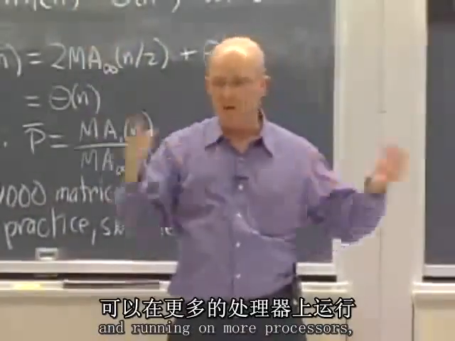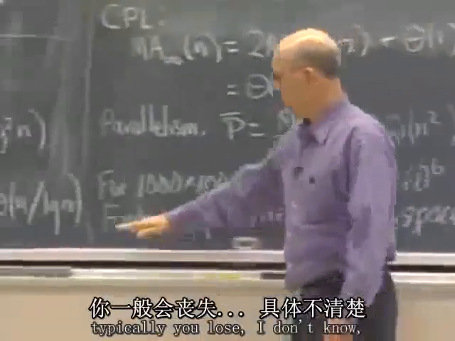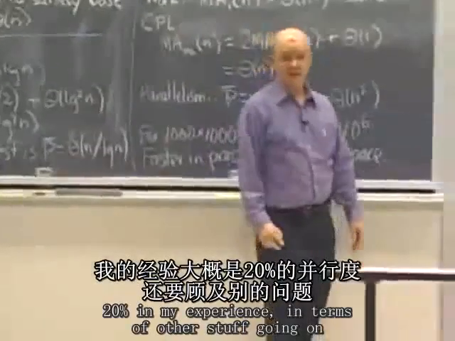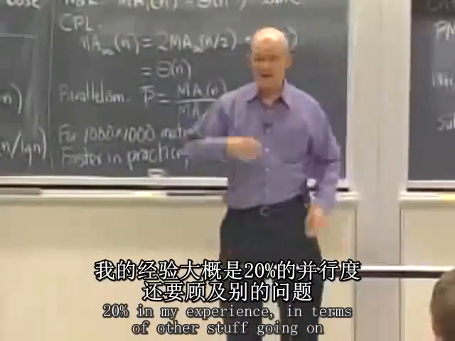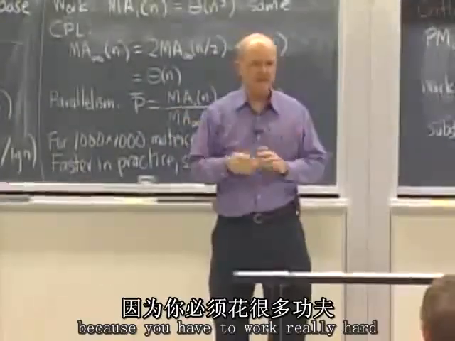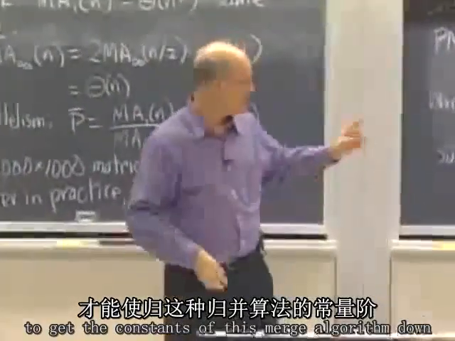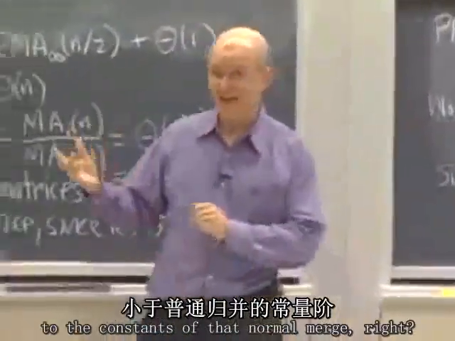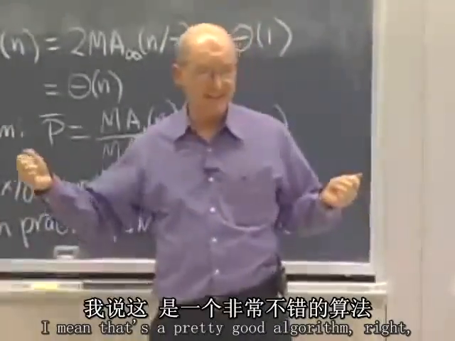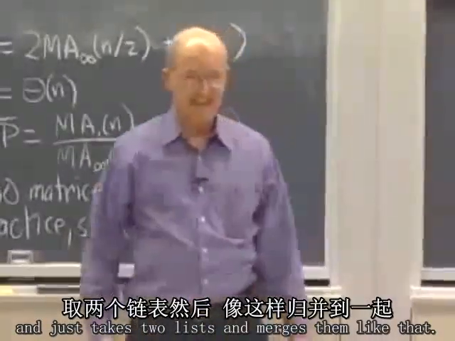With sorting, typically you lose, I don't know, 20% in my experience, because you have to work really hard to get the constants of this merge algorithm down to the constants of that normal merge, which is a pretty good algorithm, the one that just takes two lists and merges them.